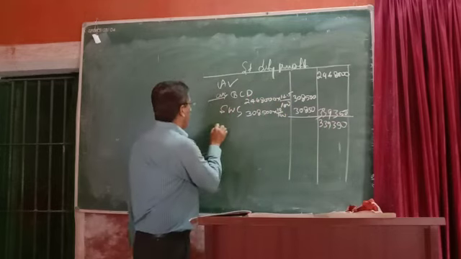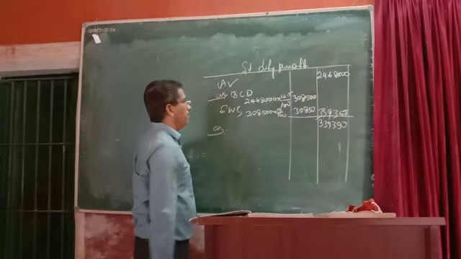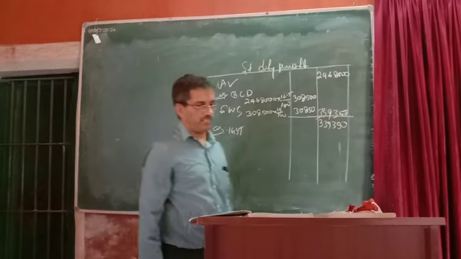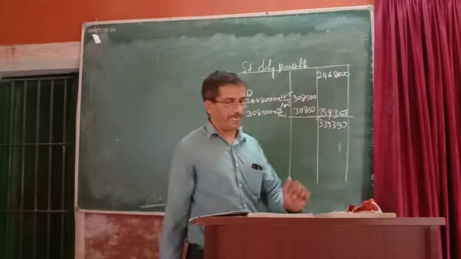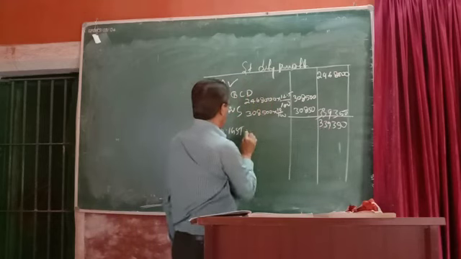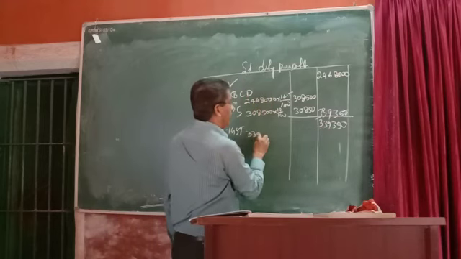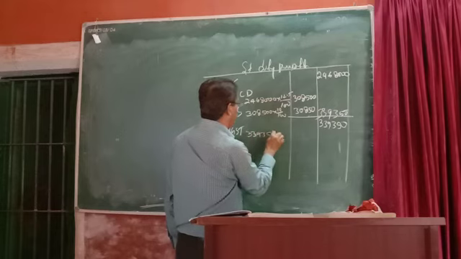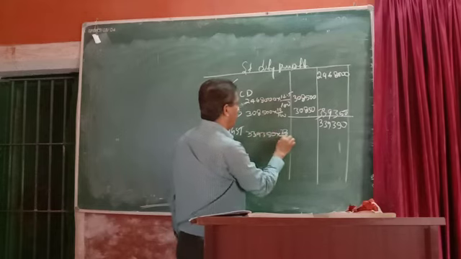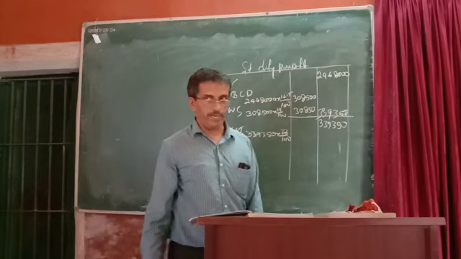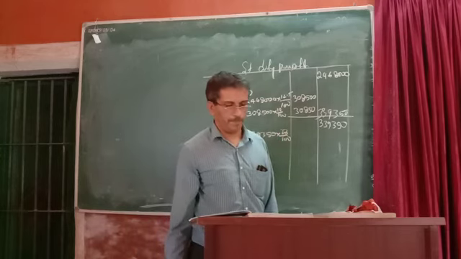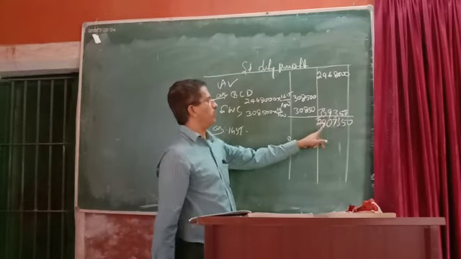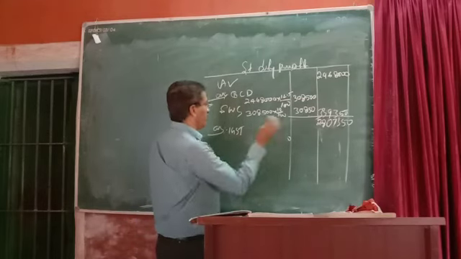For this, add IGST, which is clearly mentioned in this problem, 28% on this. 3,39,350 into 28 by 100. Students, I made a mistake here. This total should be, not previously, I made a mistake.